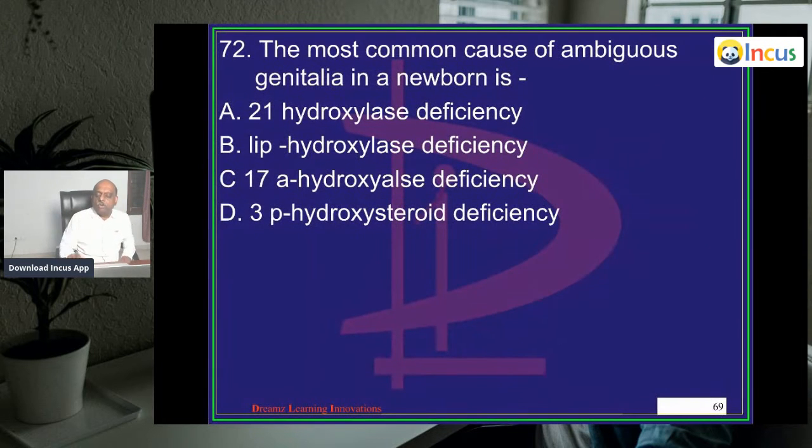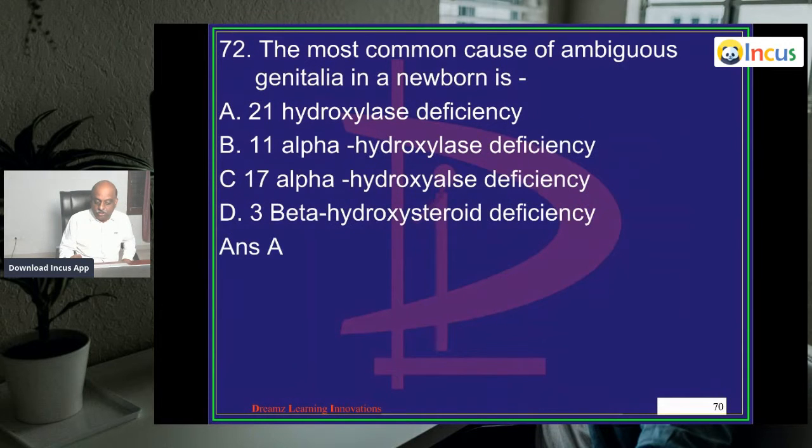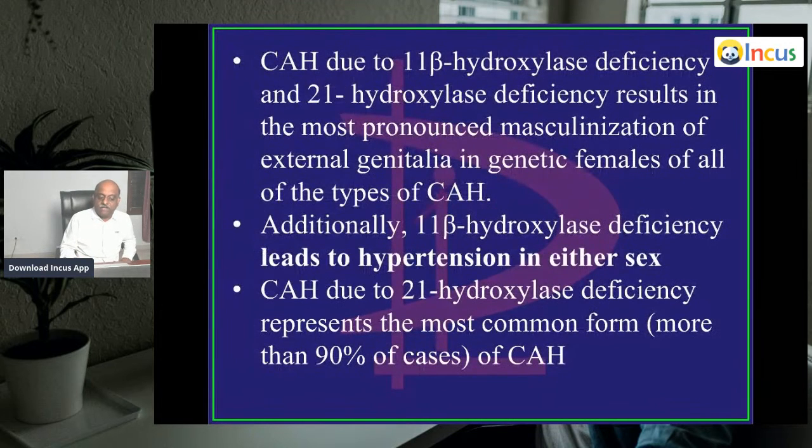What is the most common cause of ambiguous genitalia in a newborn? 21 alpha hydroxylase deficiency. One very important point you need to know, doc. 21 has 1 in second position, 11 has 1 in second position. So in both of them, testosterone is high. You remember that mnemonic I told you just now? Aldosterone, testosterone.